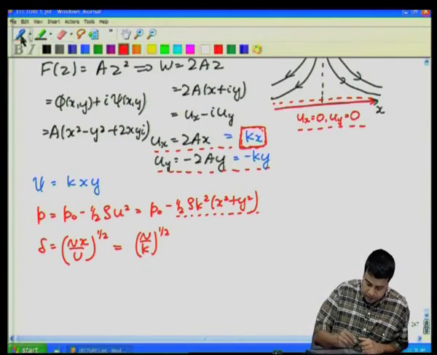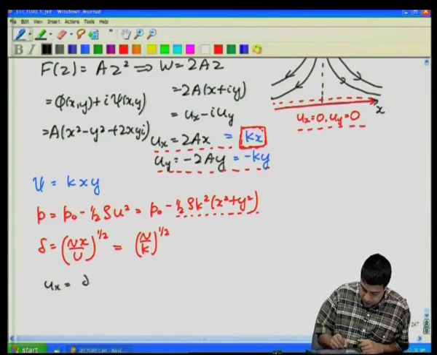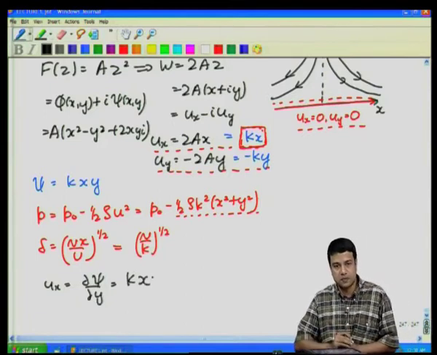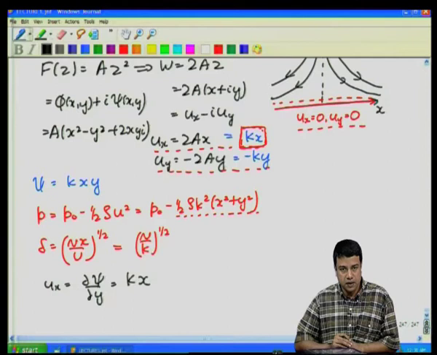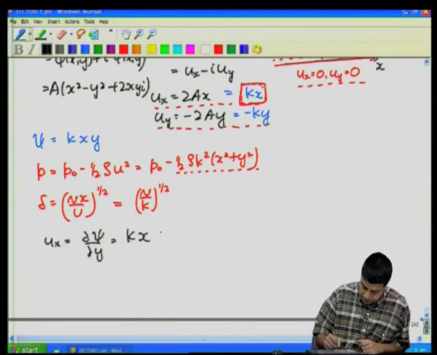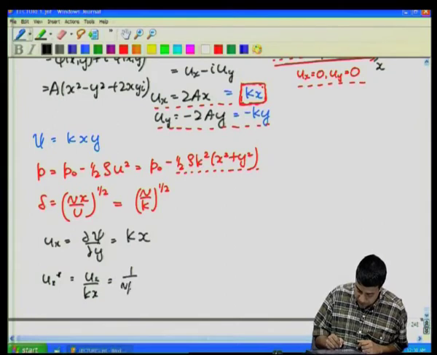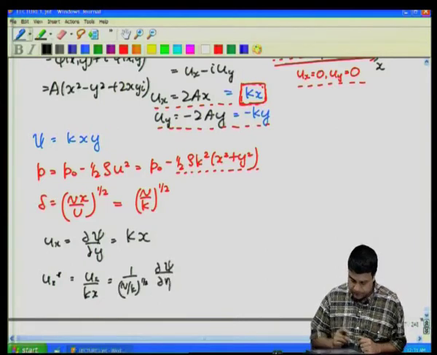Let's go back and define our stream function carefully. U x is equal to partial psi by partial y is equal to k times x. This is in the limit as y goes to infinity. And I can define u x star, u x by k times x, is equal to 1 over the boundary layer thickness, 1 by nu by k power half, times partial psi by partial eta.